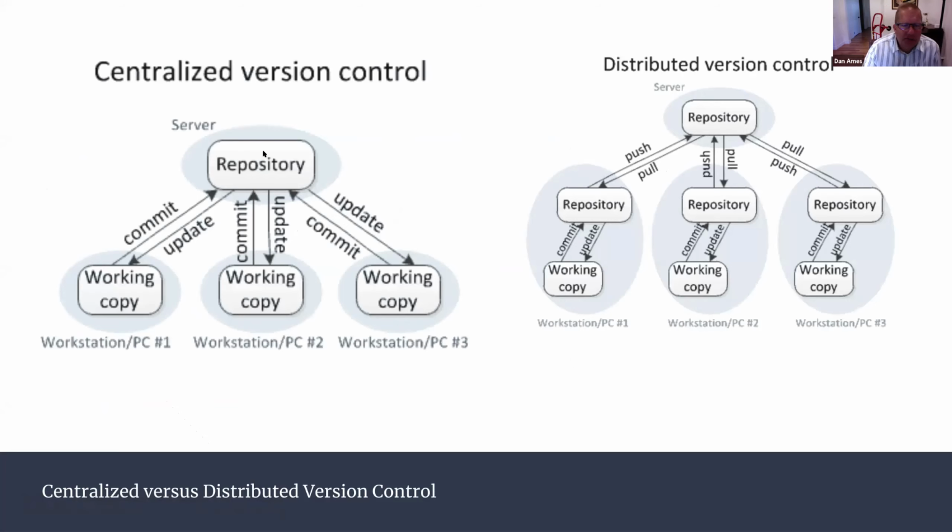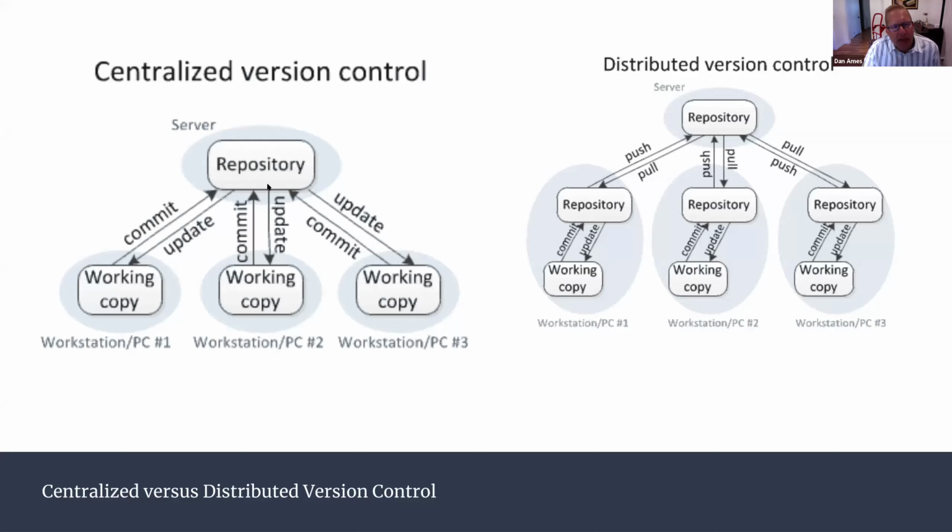The original version of version control was like this. You had a master repo sitting in somebody's computer on a server, and everybody got a working copy, worked on it, and pushed their results back to the repository. The god of this repository owned it, controlled it, and managed it.